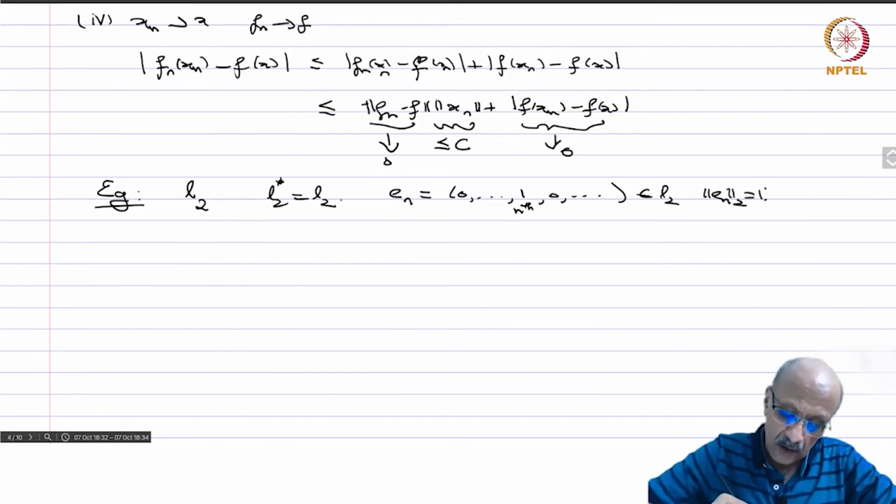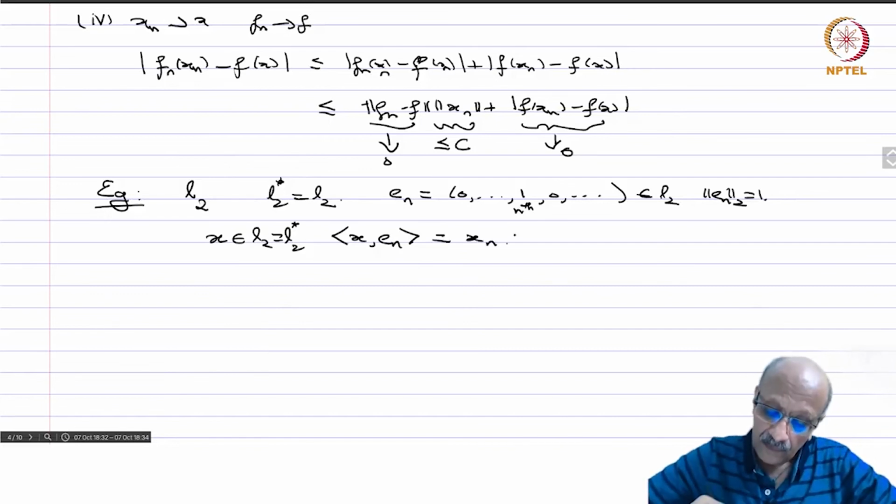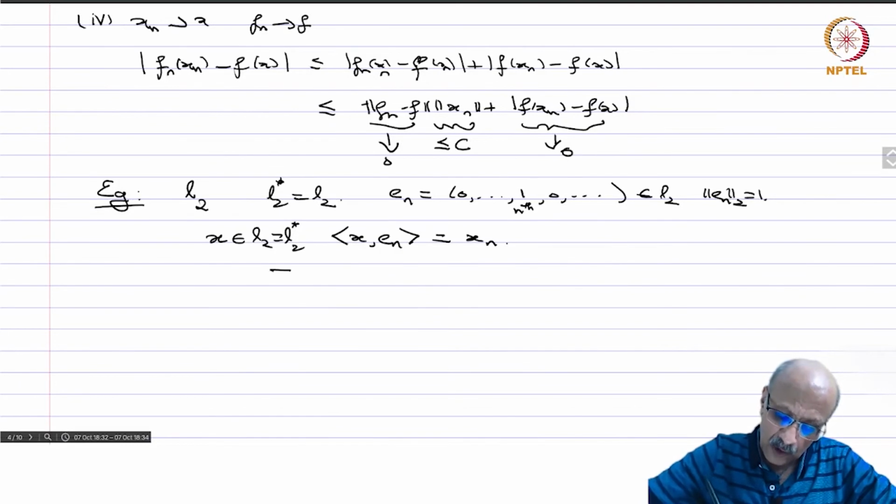Okay. So now if you take any x in L2, then you look at x En, or rather take this as L2 star. Okay, so x En, and that's equal to xn. But then what do you know about x? x is in L2, so sigma xn square is finite.